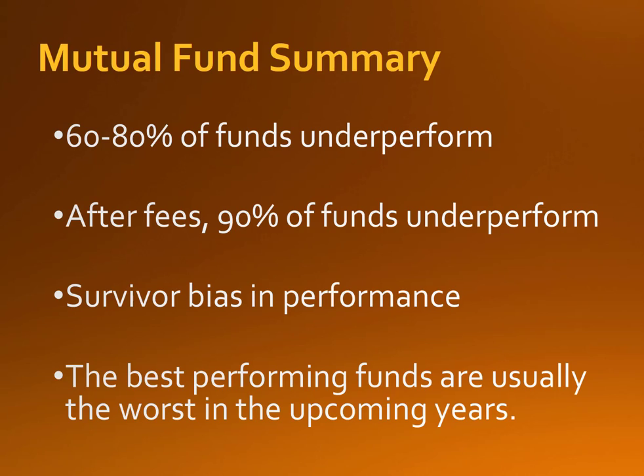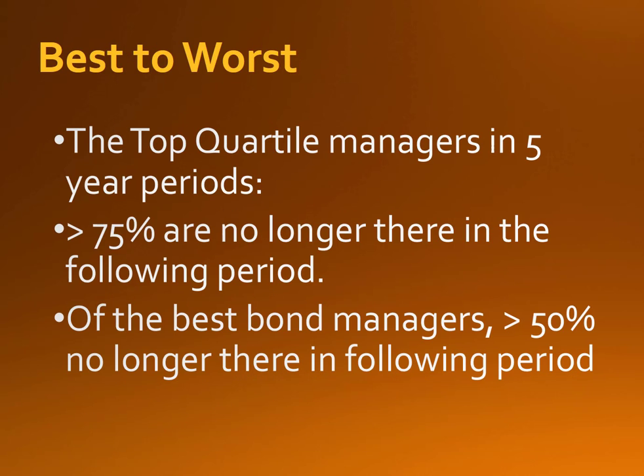But wait, you say you found a fund that has done really well. Well, guess what? The best performing funds are usually the worst in the upcoming years. You heard us right. Studies have shown that the top quartile managers in 3 to 5 year periods, in other words, the best managers in a 5-year time frame historically, if you go forward, 75% are no longer there in the upcoming periods.